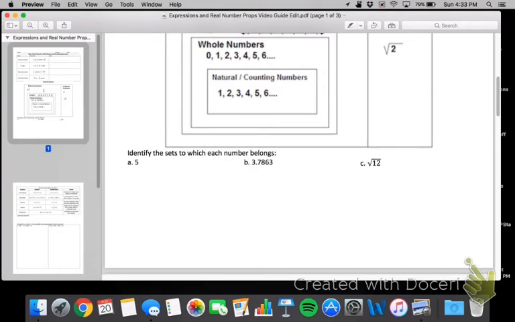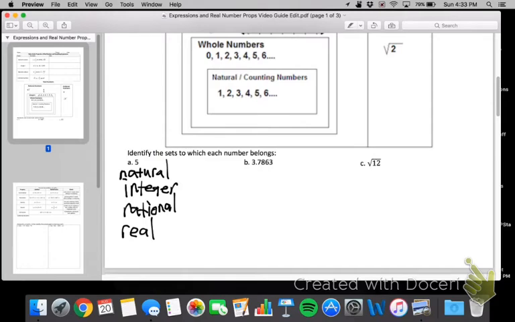So 5, maybe I shouldn't have picked a number that was already in the example, but we know that this is a natural number, and therefore it is all of the things above natural numbers in that diagram. So it's also a whole number, it's also an integer, it's also a rational, and it's also a real number.